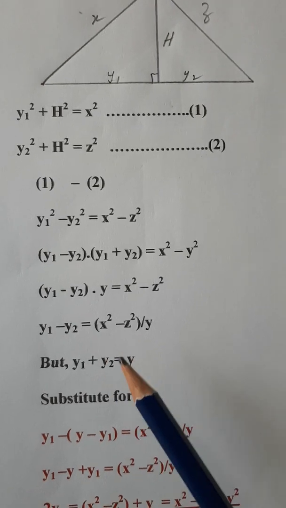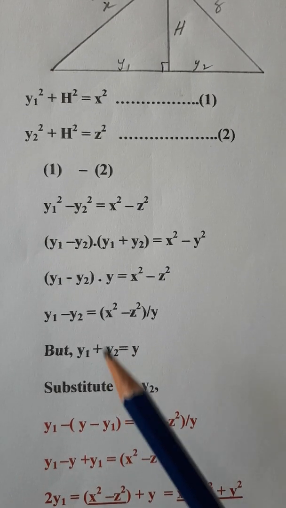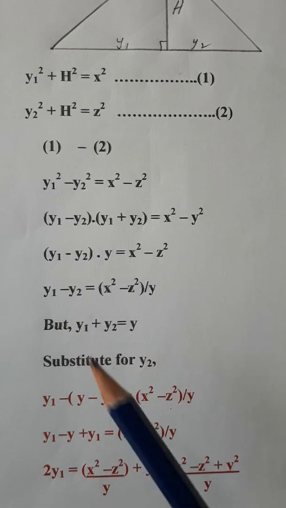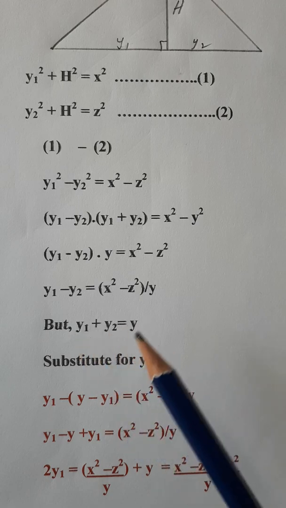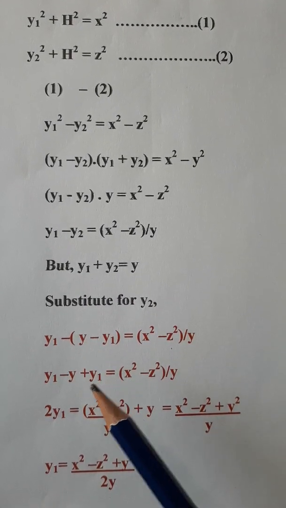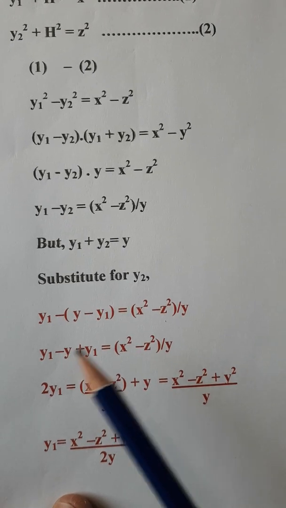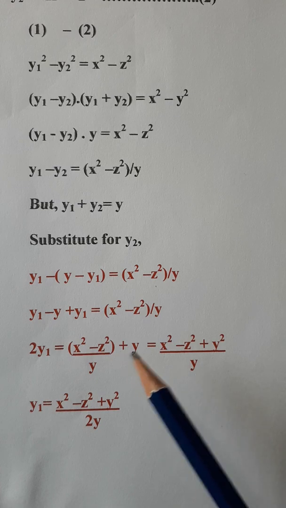So we are going to solve this by substituting for y2 in here. y1 minus, for y2 we can say y minus y1. And we open the bracket and take the y to the other side and get the LCM.